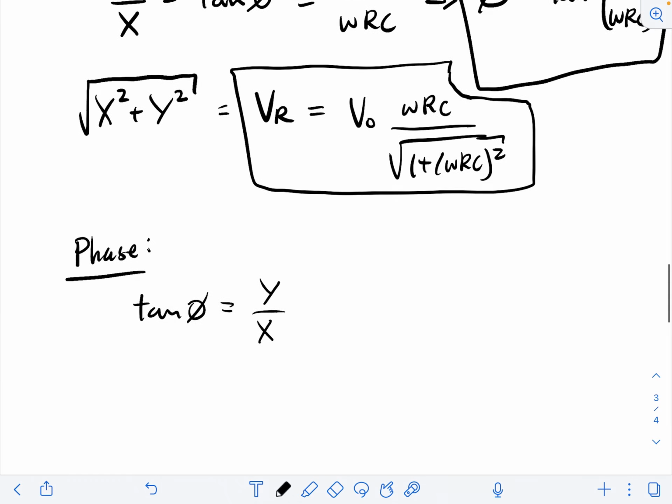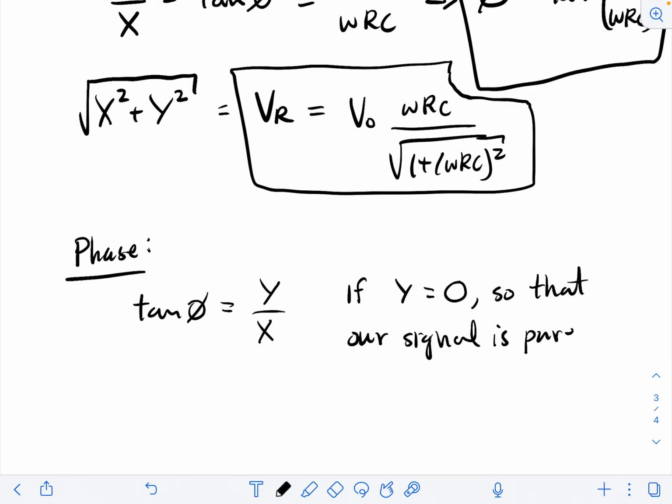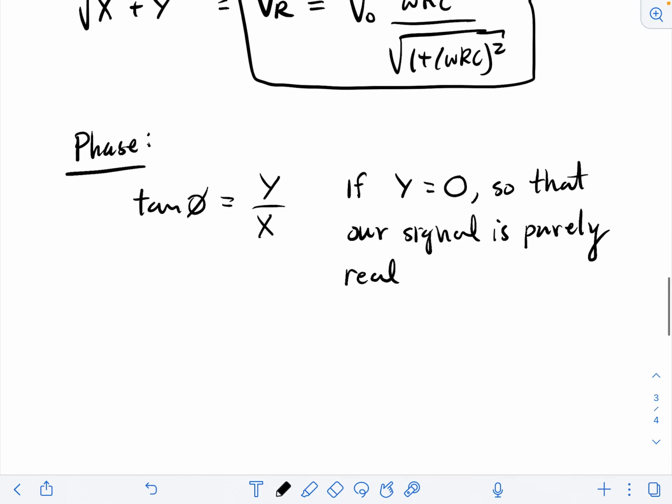Suppose y was equal to 0, so that our signal, in our case the voltage across the resistor, is purely real, then tan of phi is equal to 0.